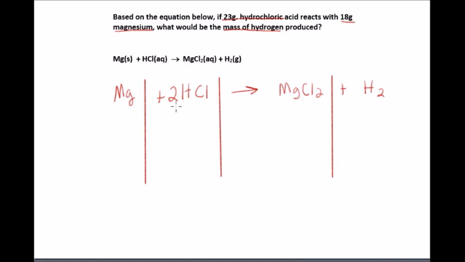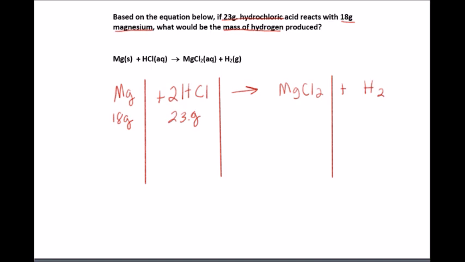We have 23 grams of HCl, 18 grams of magnesium. Okay, once again, we have to convert these to moles in order to be able to work within our molar ratios.